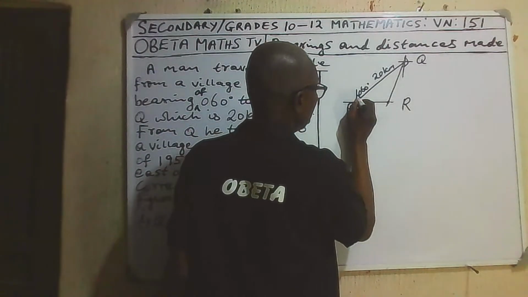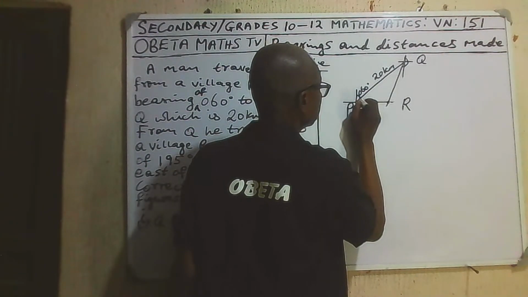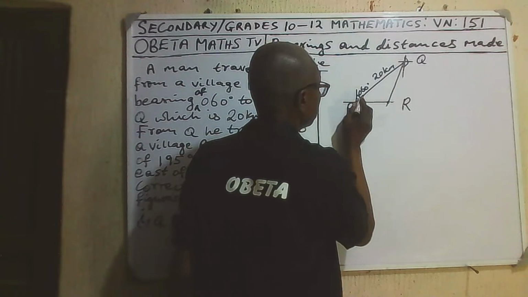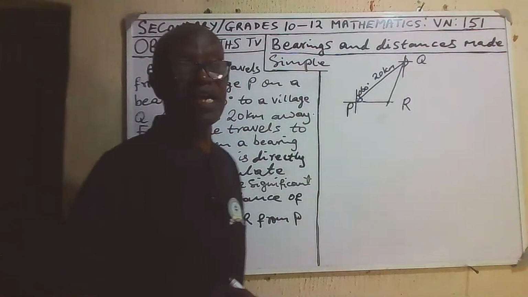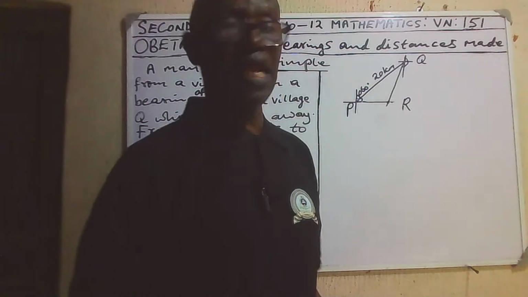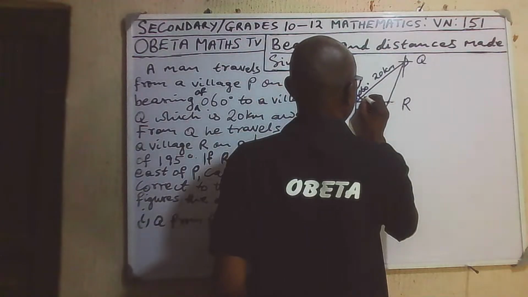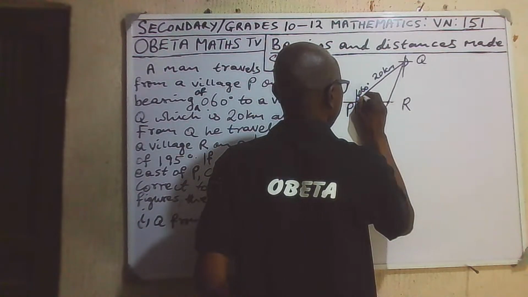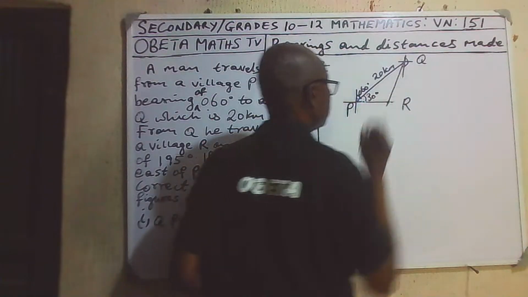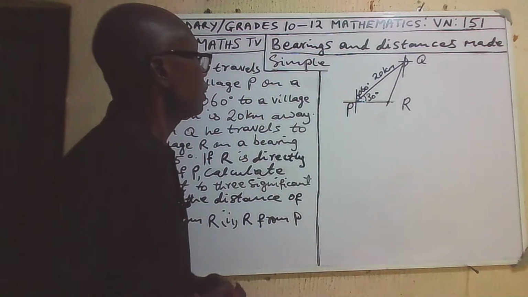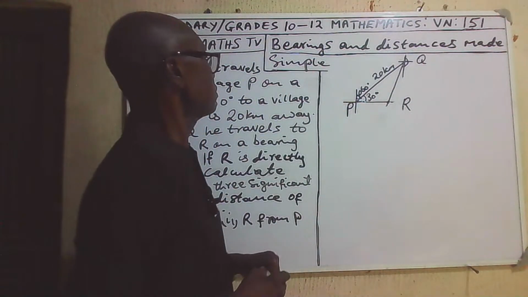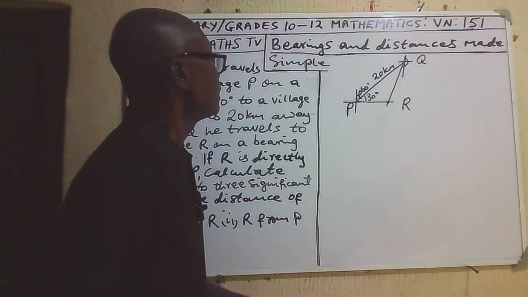The whole of this is 90 degrees, but this is 60. So remove 60 from 90. The remaining here should be 30 degrees.